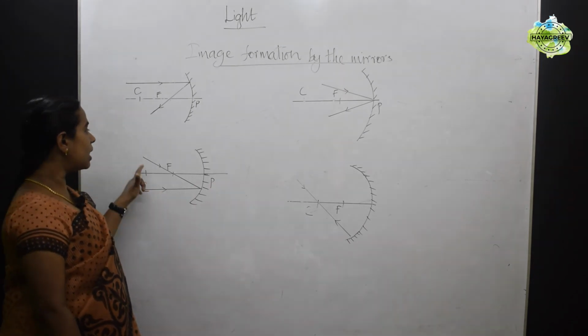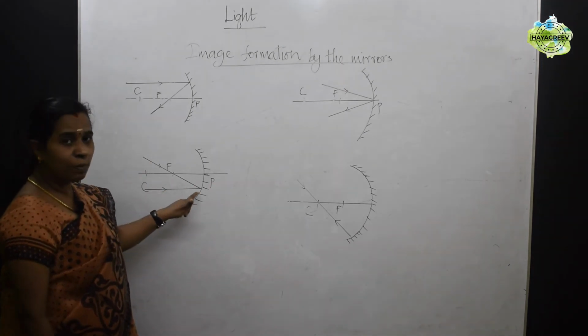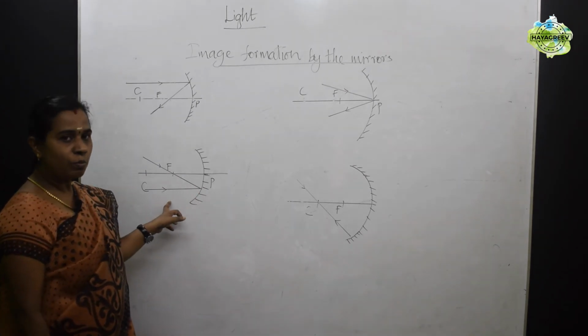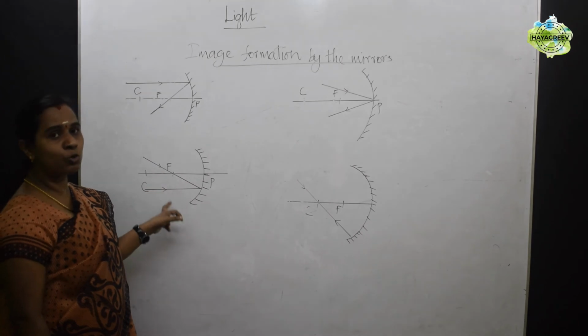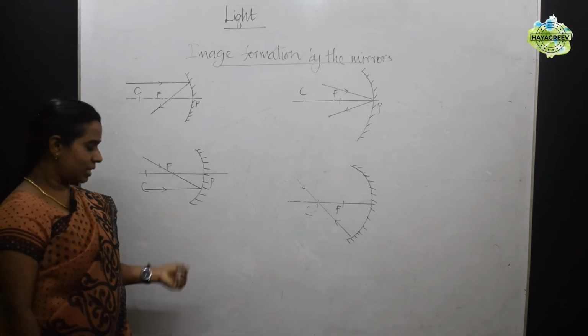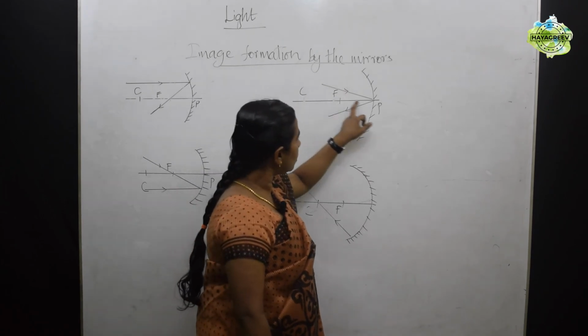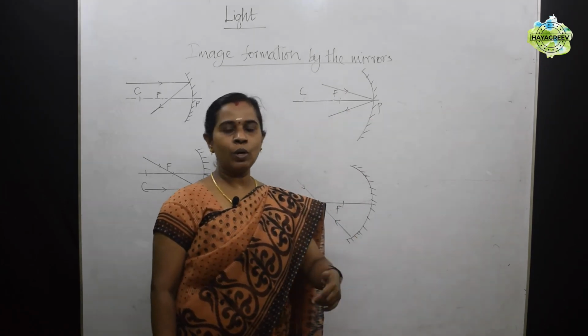Second, the ray passing through the principal focus, after reflection passes parallel to the principal axis.